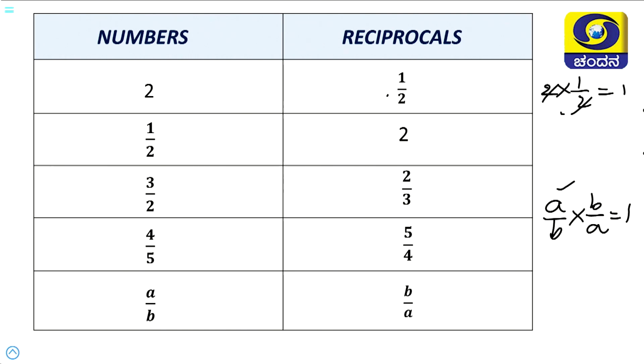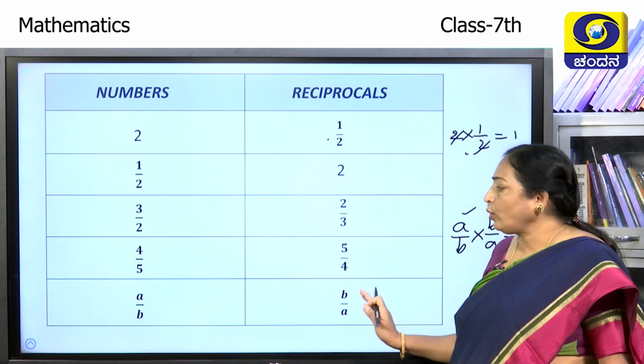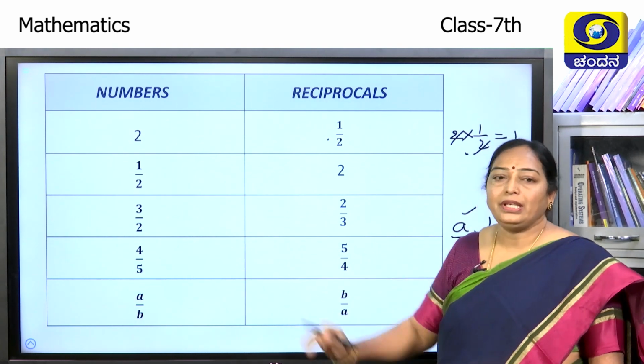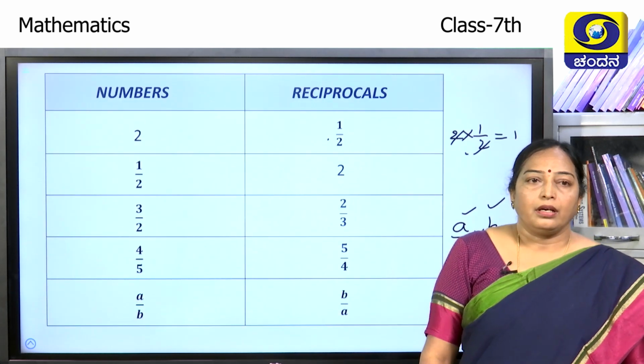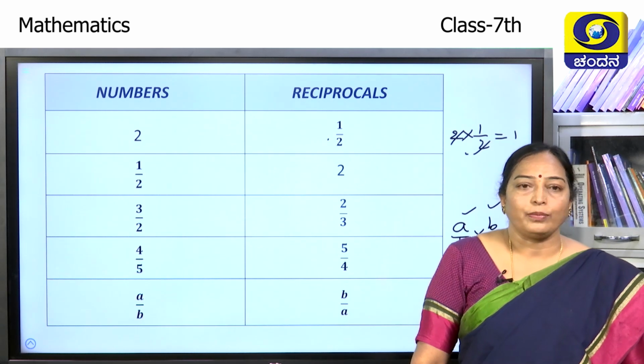Here, the product of the number and its reciprocal is always 1. Therefore, b by a is the reciprocal of the fraction a by b. Now we understood how to write the reciprocal of the numbers.